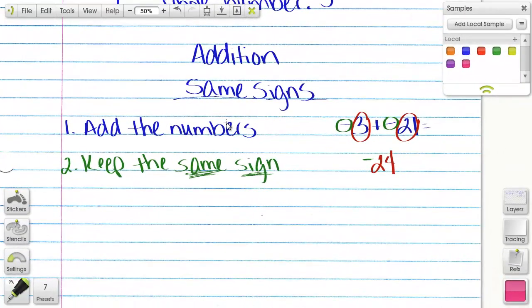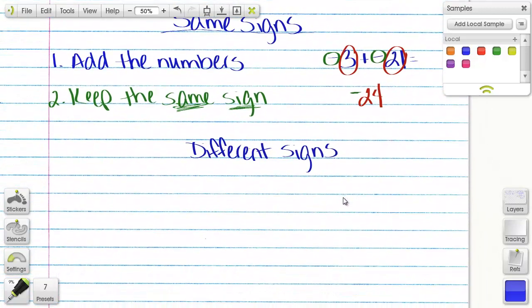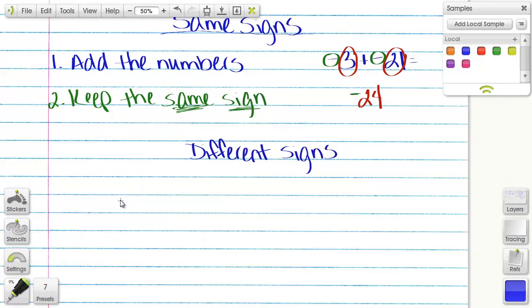So we've got different signs now. If you have different signs, this is where things get a little bit tricky. The first thing you're going to do is determine if there are different signs. So let's say I have 21 plus negative 40.